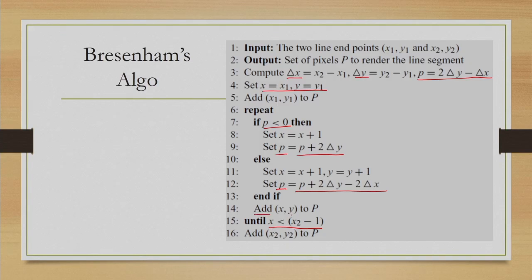And then add the corresponding x y value into the set of pixels, that is the output of the algorithm. So, depending on the decision value, we choose a pixel and add it to the set of pixels.